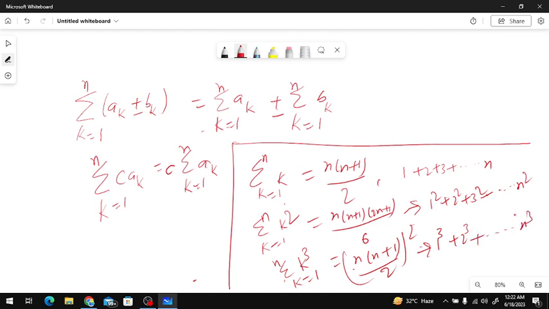Let's try how we write these terms. The expressions also look similar, so it's not difficult.